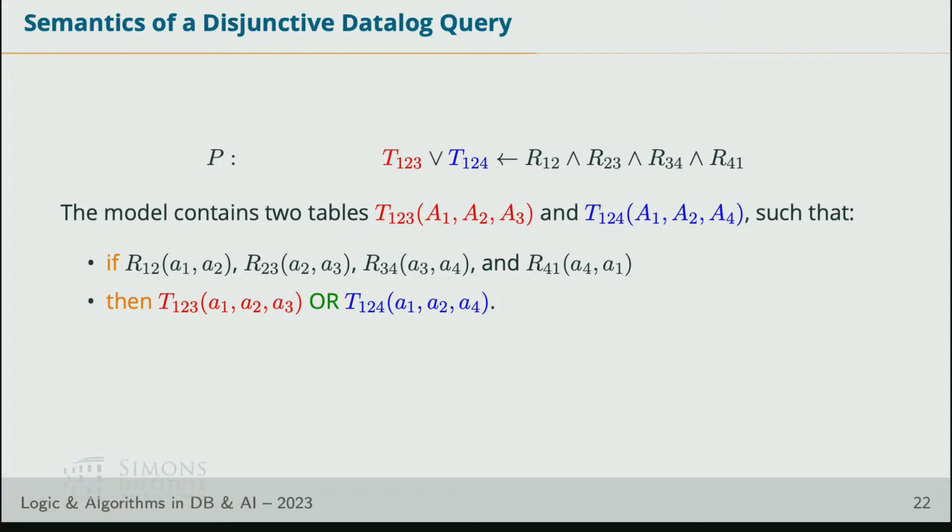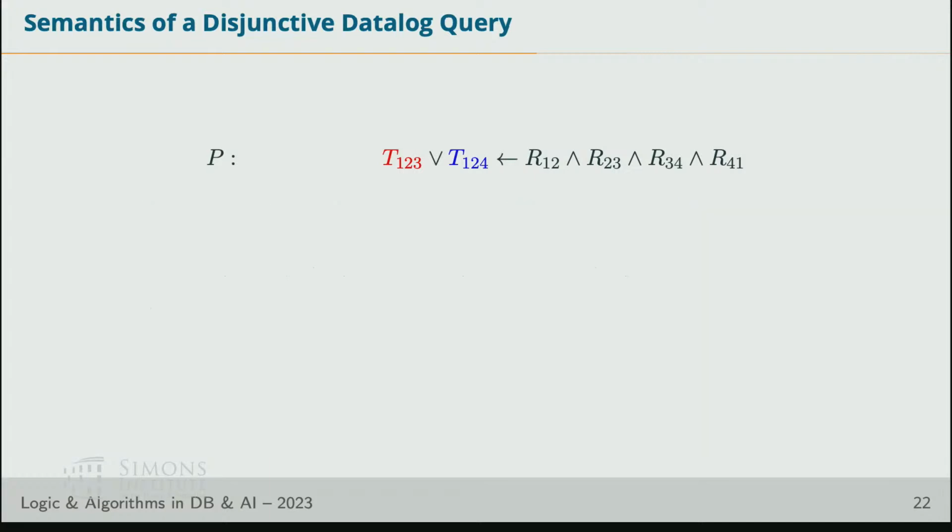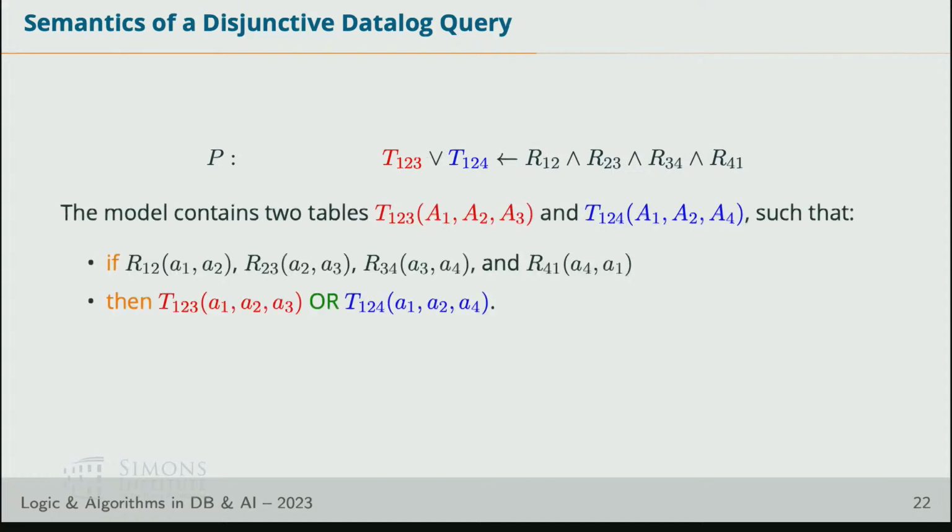The answer to this query, this is called a disjunctive datalog query, contains 2 tables, a red table and a blue table. The red table is on 3 variables, A1, A2, A3. The blue table is on 3 variables, A1, A2, A4.